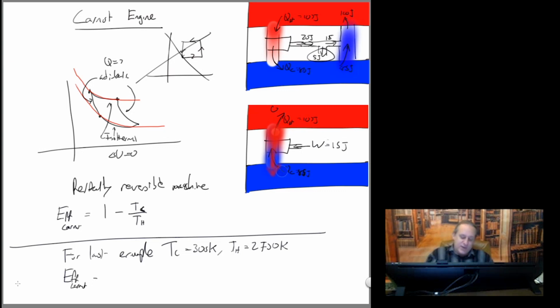And so if we had a Carnot engine, we can think of this as the maximum possible efficiency. That would be 1 minus 300 over 2,700.